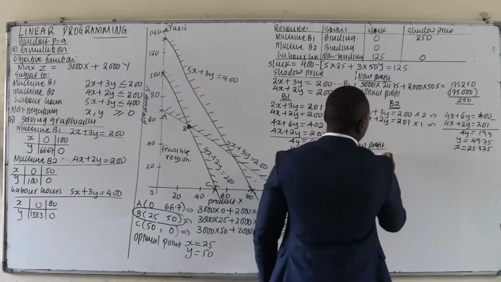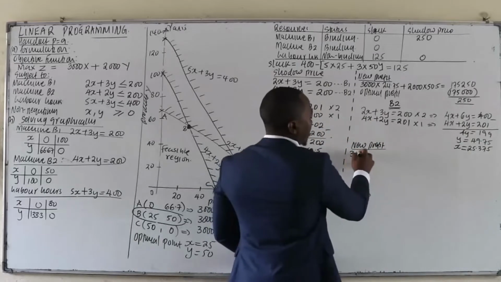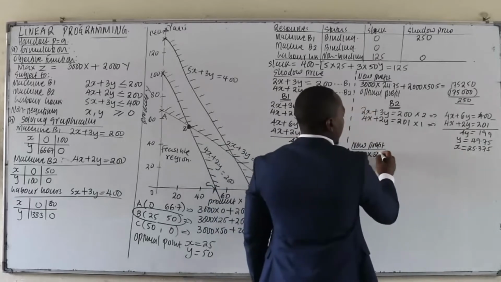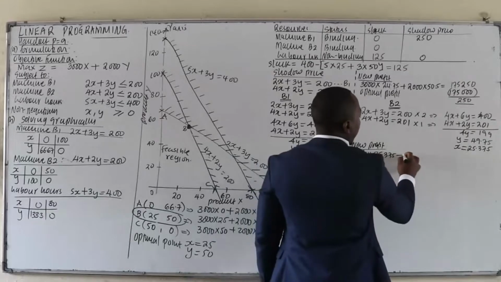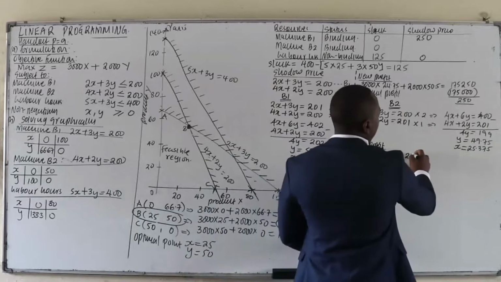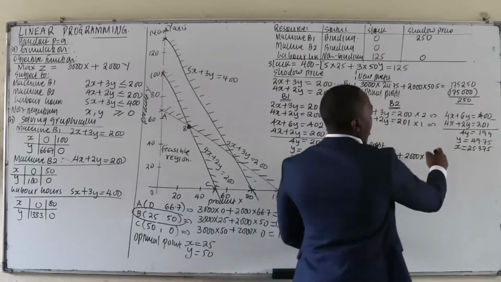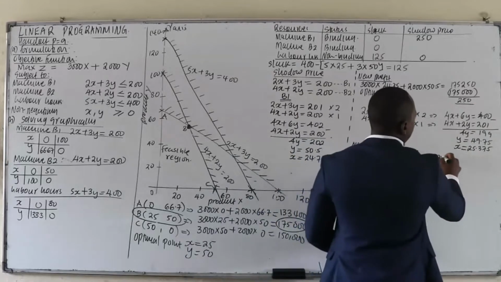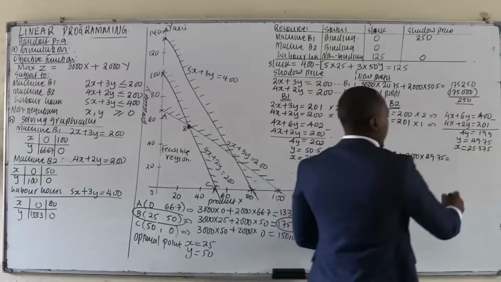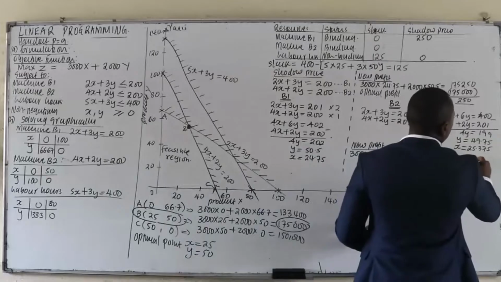Our new profit will be, for every unit of X, the contribution is 3,000. So it's 3,000 for each unit of X. So our X is 25.375 plus, for each unit of Y is 2,000 for each unit of Y. Our Y is 49.75. How much will be a new profit? 175,625.